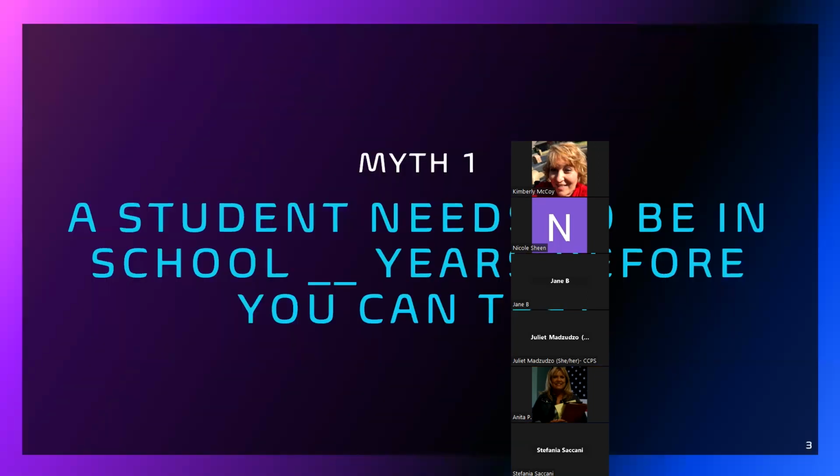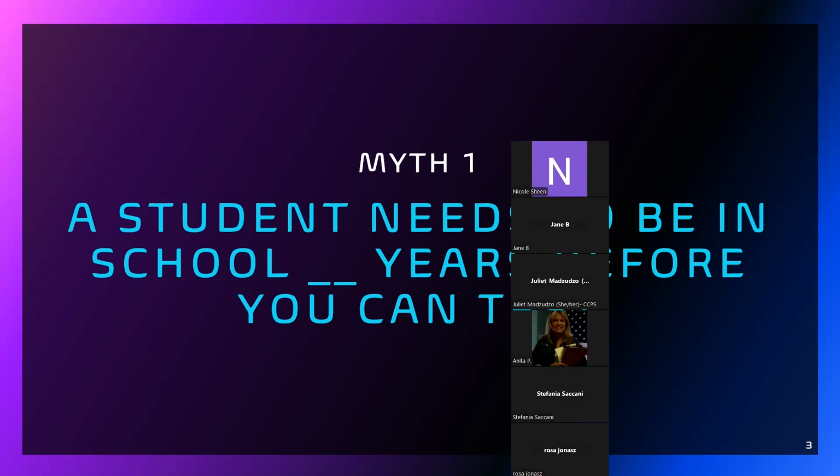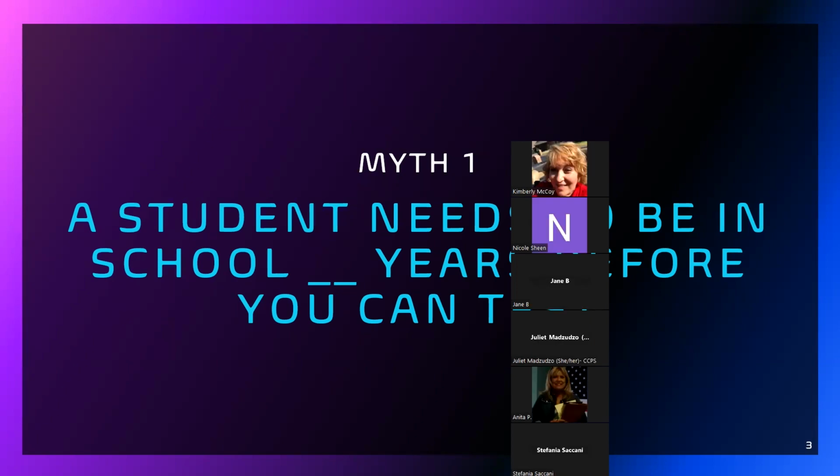All right, so first let's talk about some myths, because anytime I go into a school or I'm working with teachers, I hear the same kinds of things, and some of them are what is popular belief, but not really true exactly.